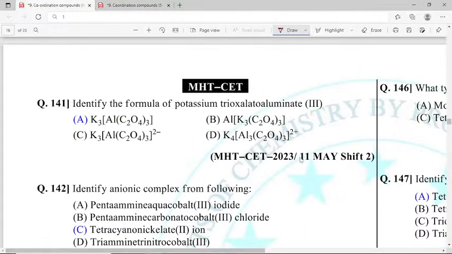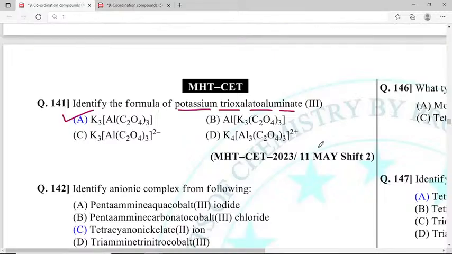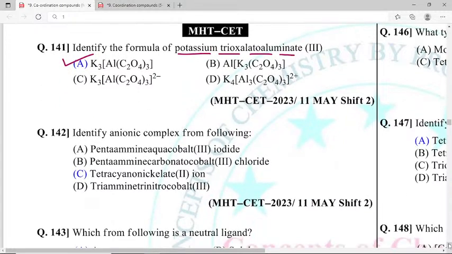Identify the formula of potassium trioxalato aluminate. Potassium trioxalato aluminate, so K3[Al(C2O4)3]. Try balancing the oxidation states. Potassium is plus 3, so the overall complex has minus 3.